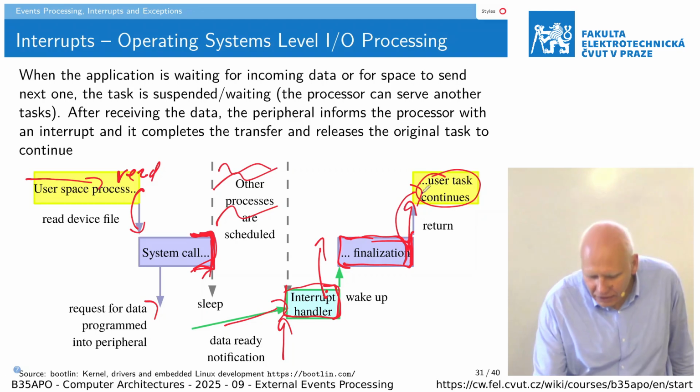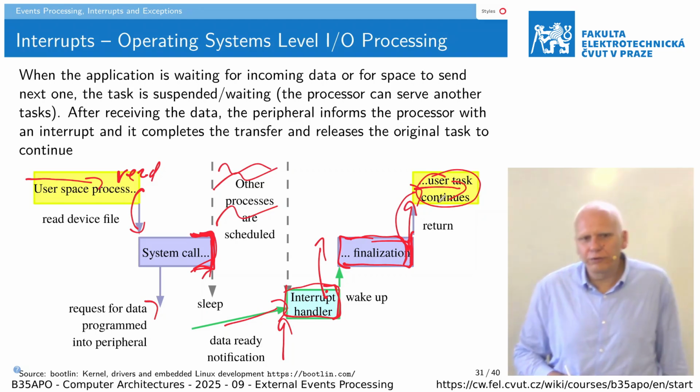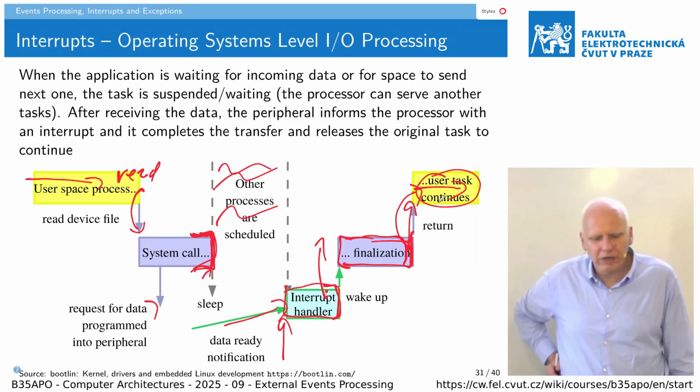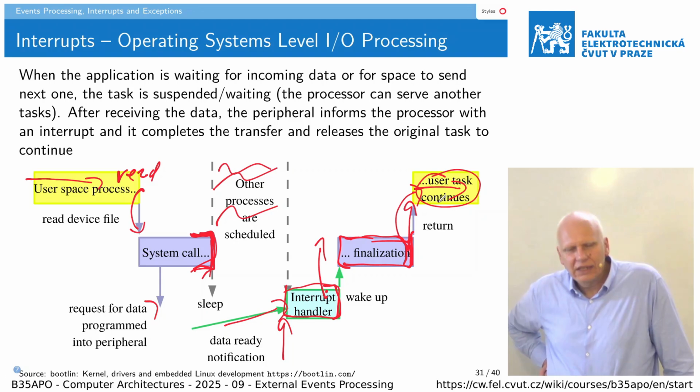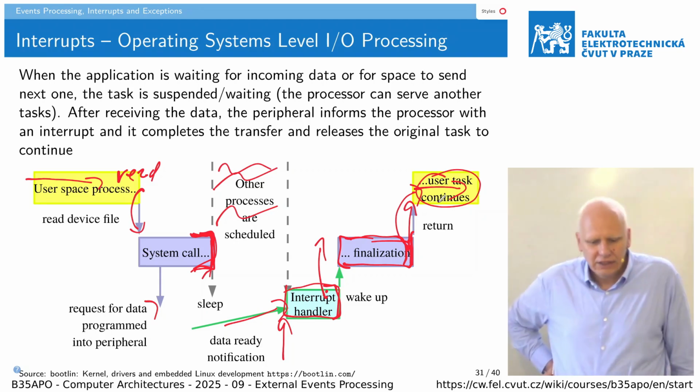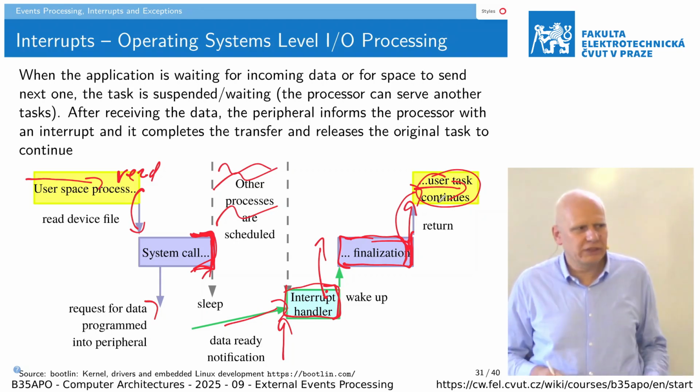And there the execution of your program continues. So basically your program doesn't see that there was no character. It only waits, and when the character arrives, it continues and can process the character.